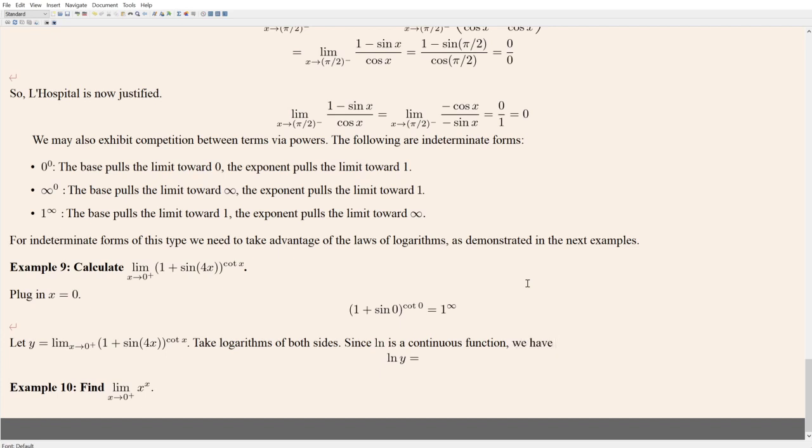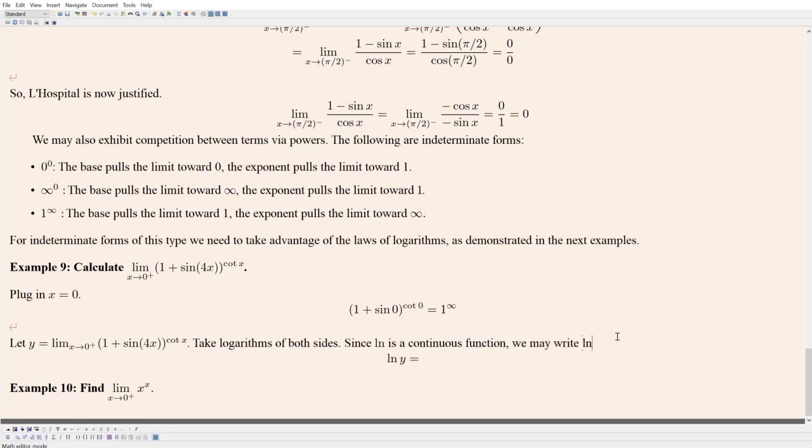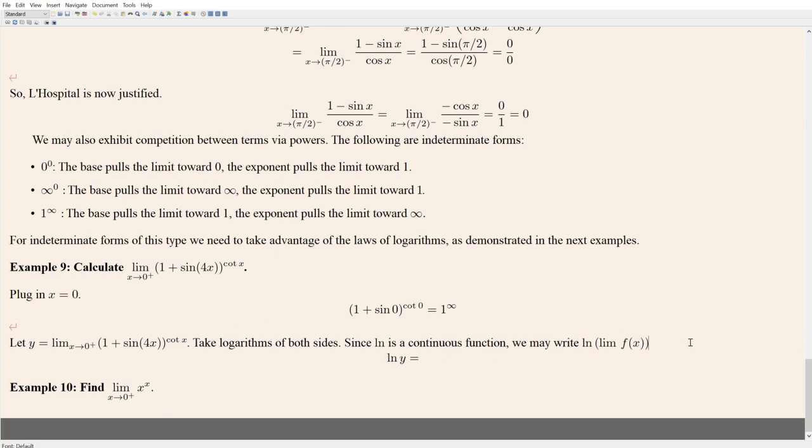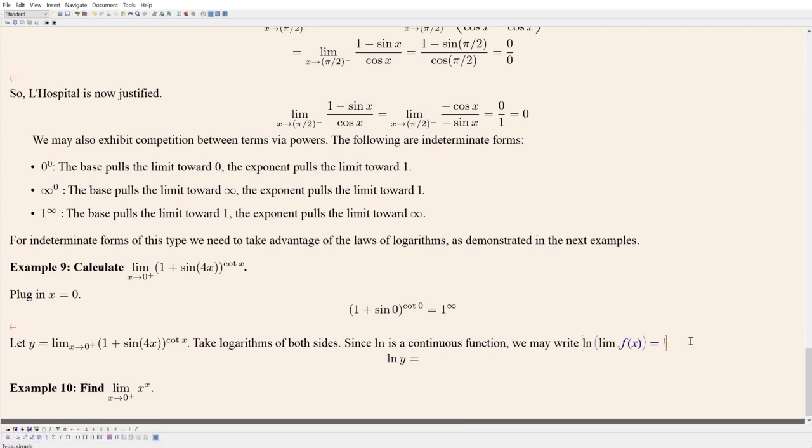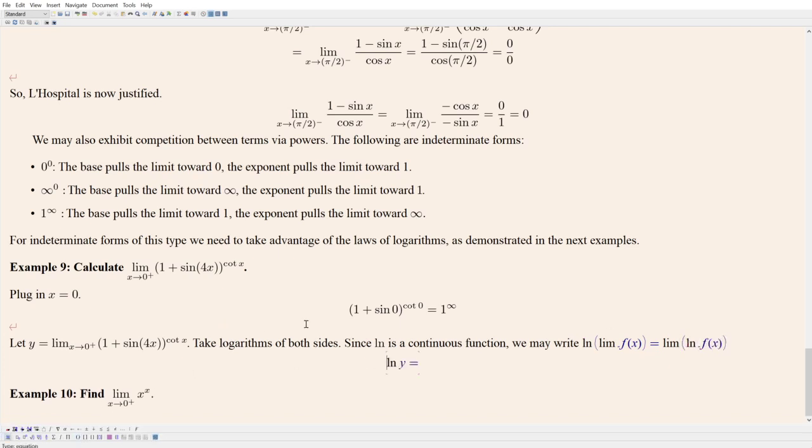So since log is a continuous function, we may write log of a limit of junk, say f of x, is equal to limit of the log of f of x, right?